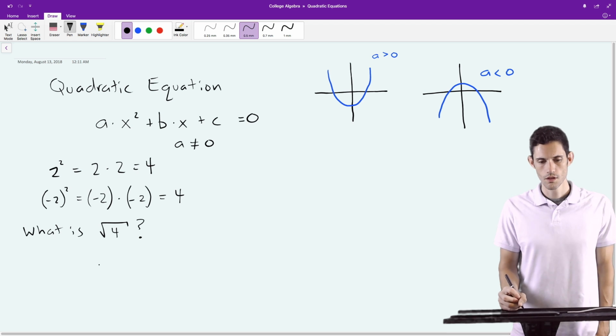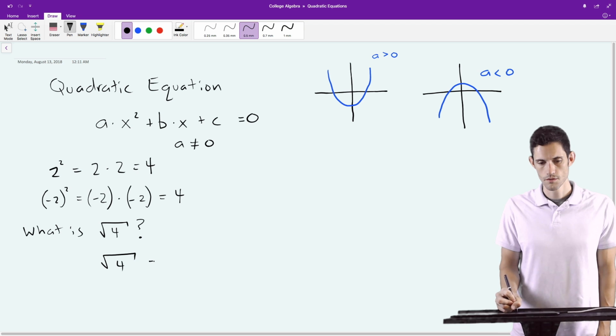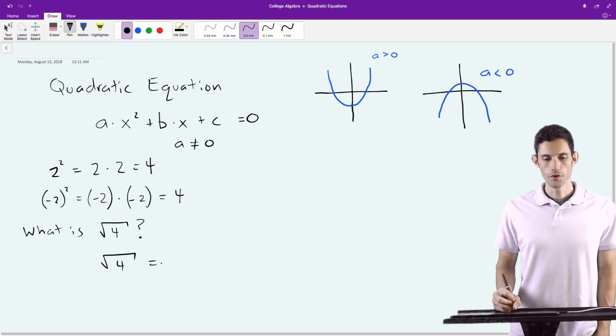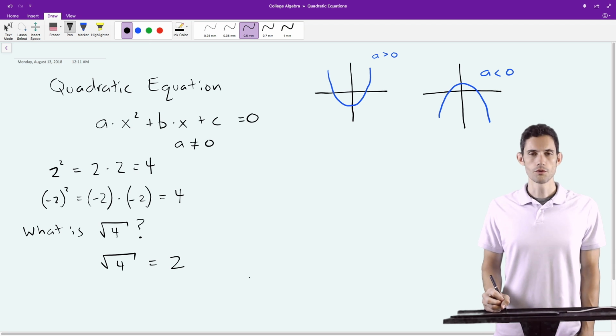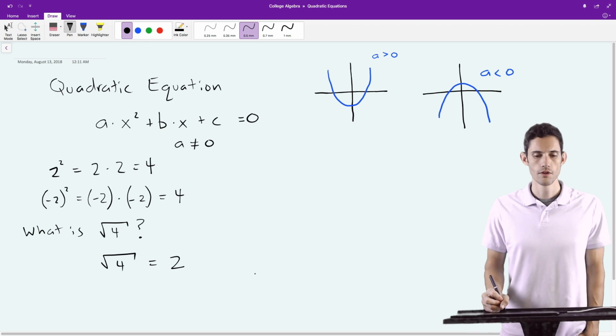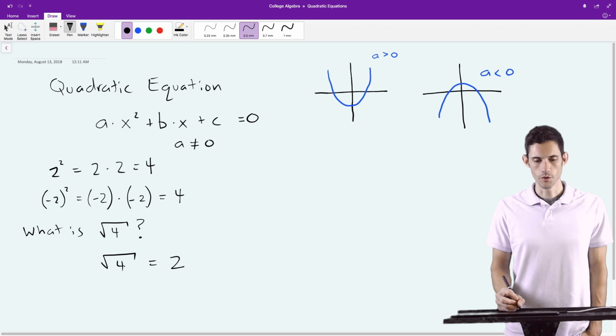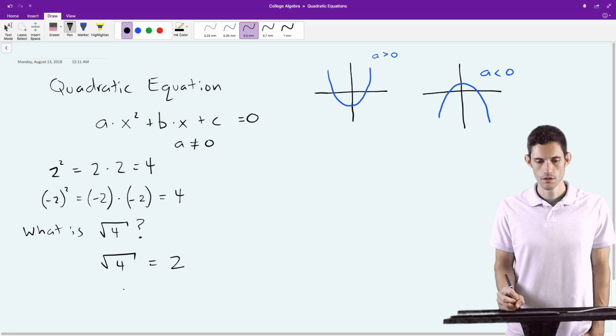So the answer to this question is, the square root of 4 is 2, because square roots are positive. So the square root of 4 is 2 because 2 times 2 equals 4.